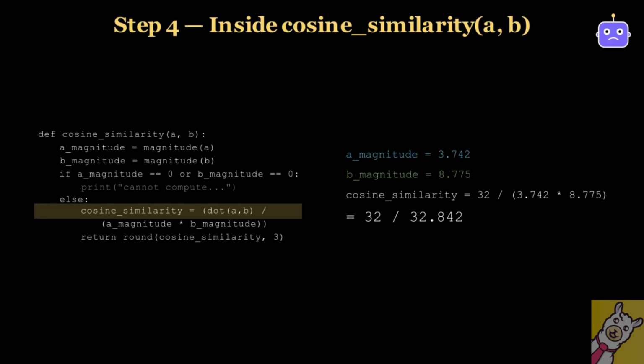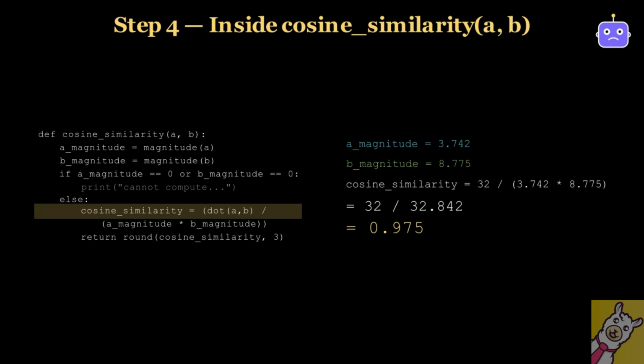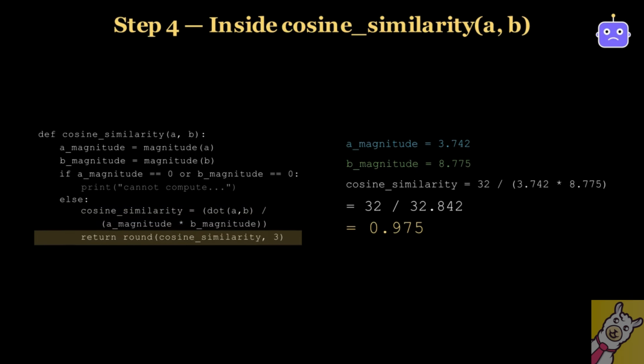We divide 32 by 3.742 multiplied by 8.775. This gives approximately 0.975. The function then rounds the result to 3 decimal places, so our final cosine similarity is 0.975.